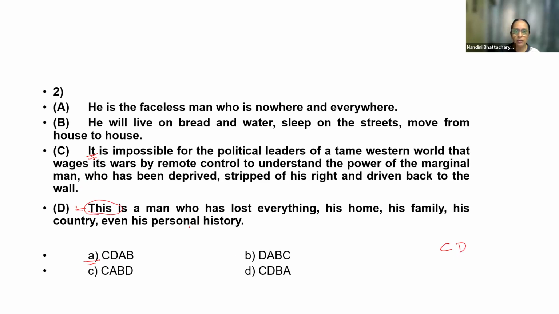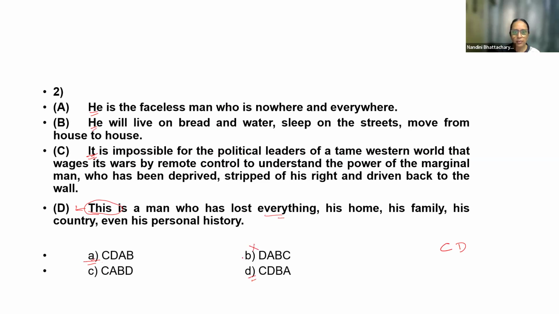Yeah, this is a man who has lost everything. And then it goes on to "he". Now he will live on bread. He is a faceless man because he has lost everything. Now, obviously with C and D coming together, we have A and B where C and D come together.